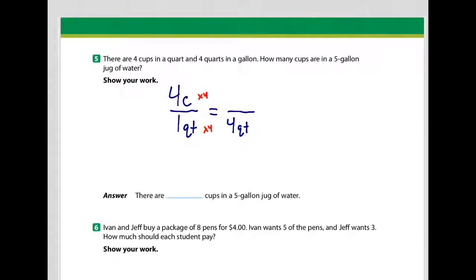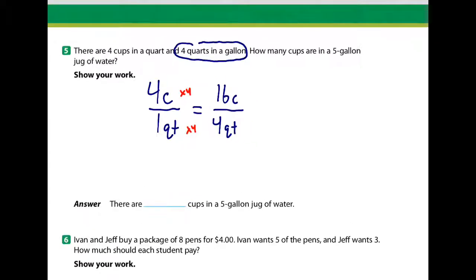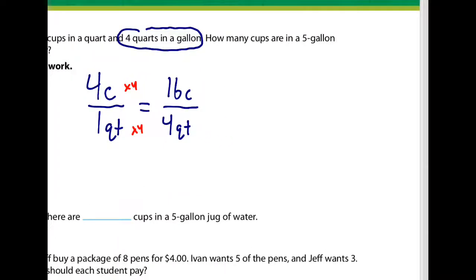So I know there are 16 cups in 4 quarts, right? Now, it says there's 4 quarts in a gallon. So that means if there's 16 cups in 4 quarts, that means there's 16 cups in 1 gallon. Because 4 quarts is the same as a gallon. It just told us that.